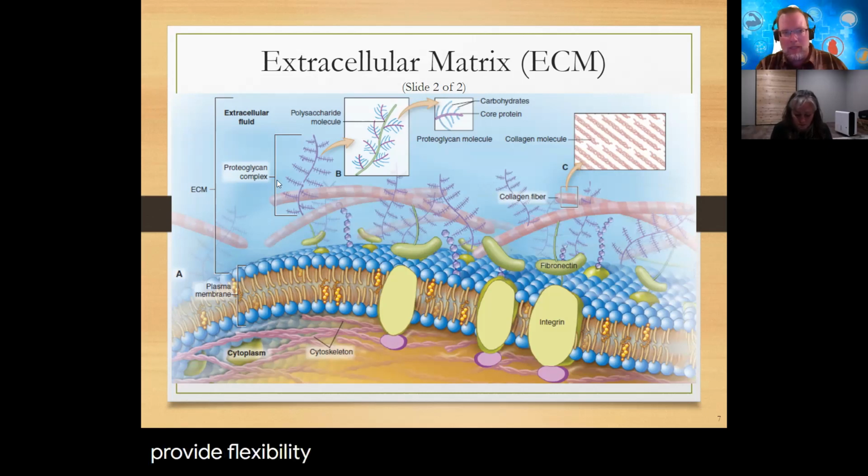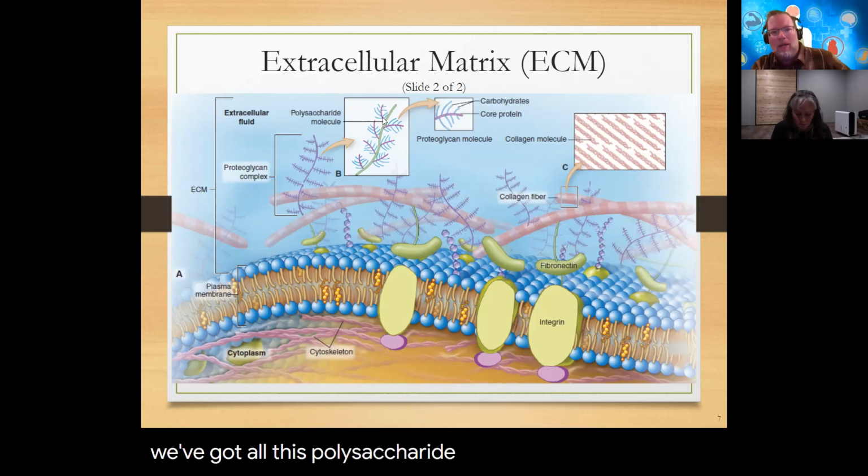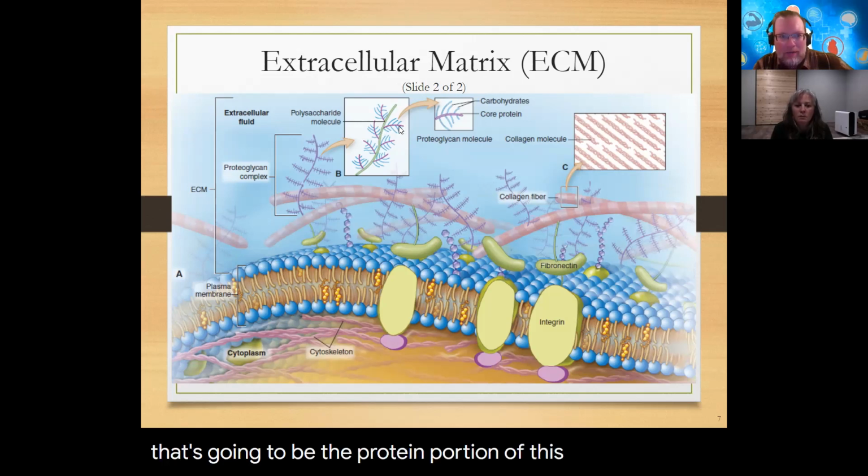We also see the proteoglycan as well. Again, it's going to be a carbohydrate with kind of like a protein backbone. So we've got all this polysaccharide or long chain carbohydrate, and then this little guy here, the little red deal, that's going to be the protein portion of this proteoglycan.